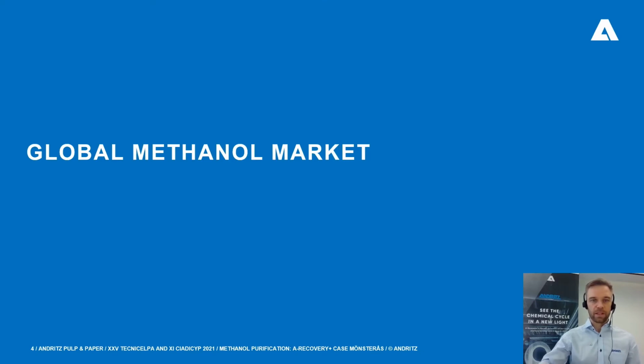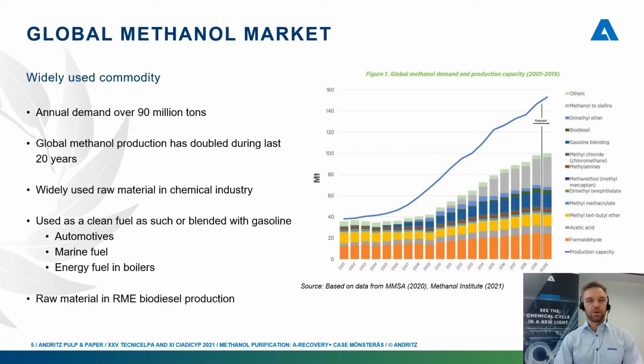Global methanol markets. Methanol is a very widely used commodity in the world. It has over 90 million tons annual demand, and as you can see from this chart, methanol production has nearly doubled during the past 20 years.